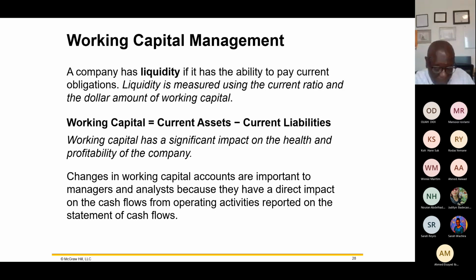In the balance sheet, cash is 20,000, and inventory is 5,000 out of this 50,000. And then I'm asking, what is the quick ratio of this company?